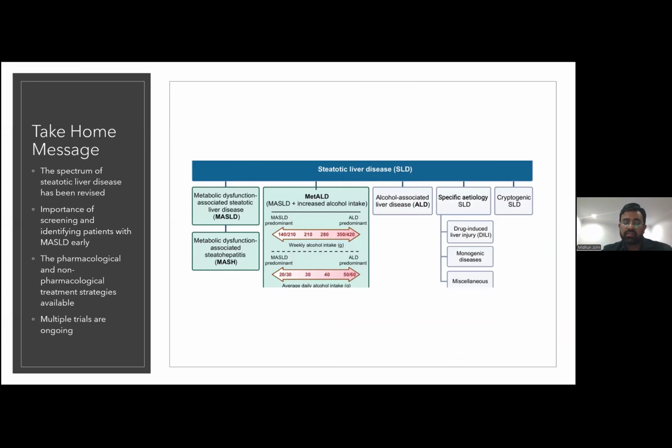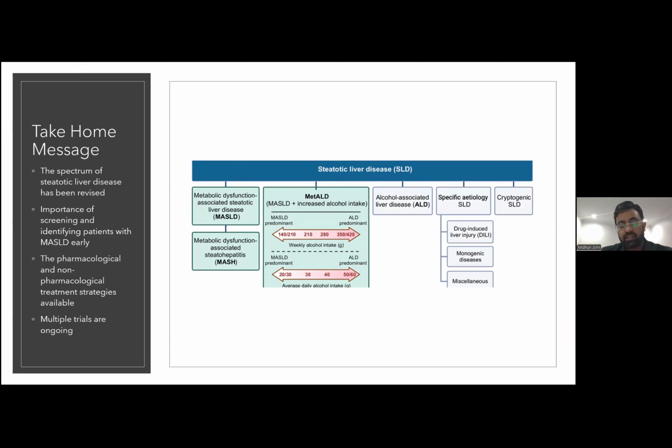So just to summarize everything, MASLD falls under the spectrum of steatotic liver disease, and it has been revised multiple times to be all-inclusive and clinically relevant. And I hope I got that across to you today.